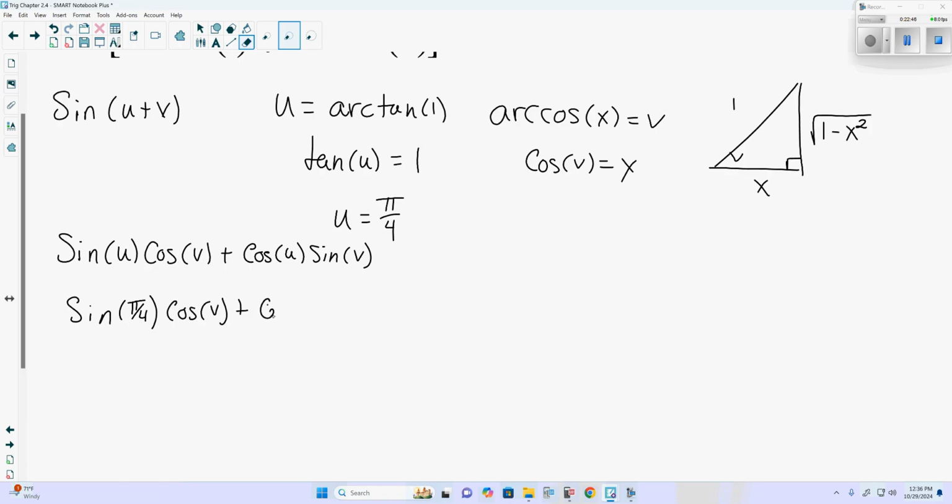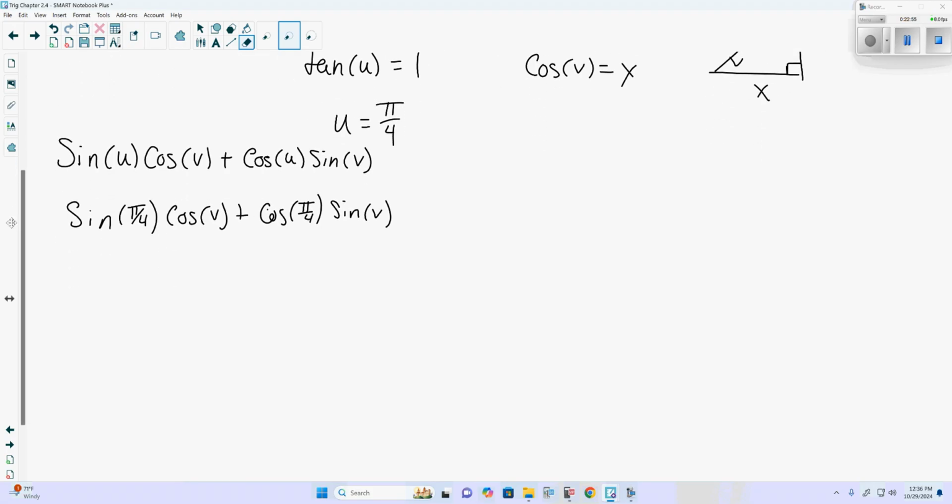Cosine of u would be cosine of pi over 4. Sine of v. Now, just like before, sine of pi over 4, square root 2 over 2, times cosine of v, x, plus cosine of pi over 4, square root 2 over 2, times sine of v, which is our square root of 1 minus x squared.